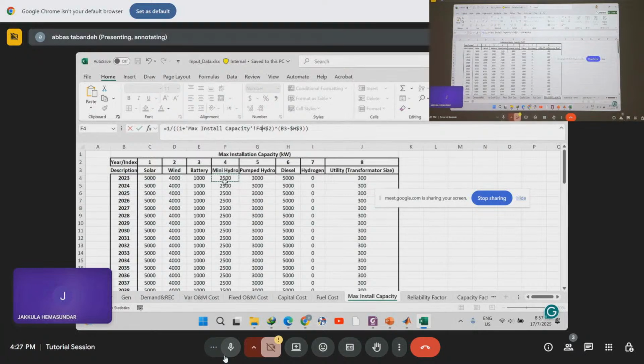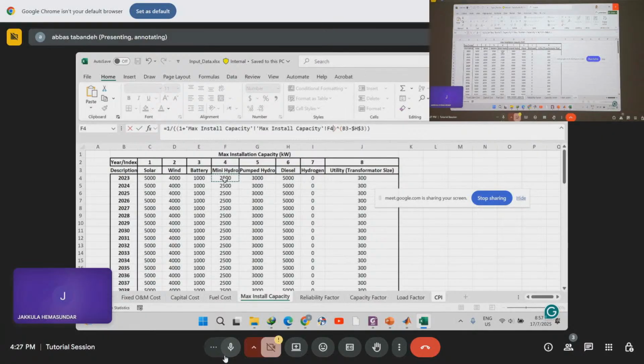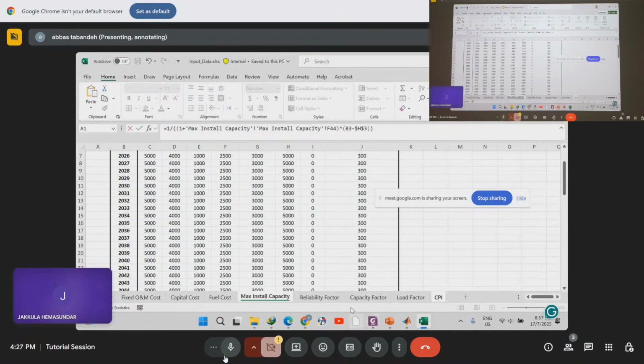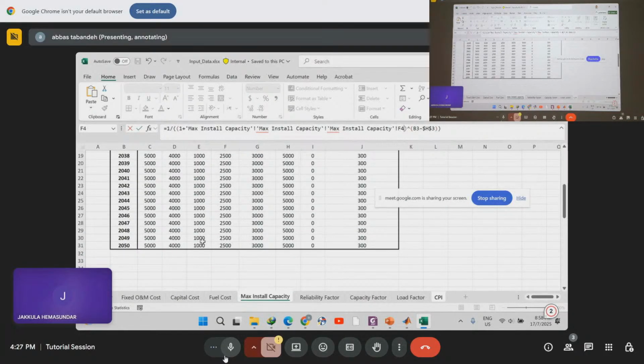So you need to change this number. For example, set the value of 400 and copy and paste all the columns for all years.